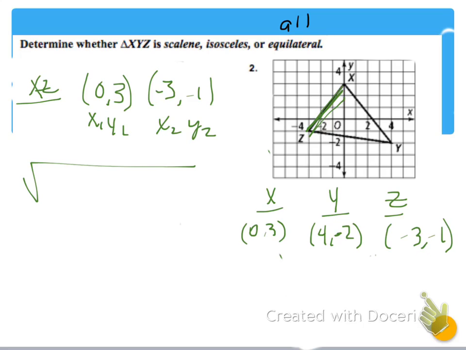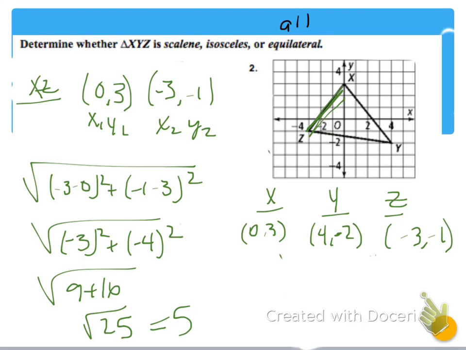We do our distance formula because we're trying to see if it's scalene, isosceles, or equilateral again. I suggest trying it on your own to see if you're doing it the correct way. When I simplify it all out, I get the square root of 25, which is 5. Now I need to check another side, so let's go ahead and try XY. I'm going to erase all this, put up my two points, and then try the distance formula.